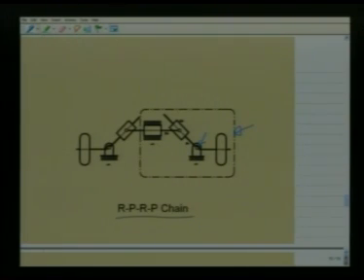Then there is a prismatic pair between link 4 and link 3. Then there is a revolute pair between link 3 and link 2. And then there is a prismatic pair between link 1 and link 2. These are the 2 wheels of the automobile. By moving the steering wheel, we move this link 2 in this prismatic pair between 1 and 2. Consequently, these 2 wheels will rotate.